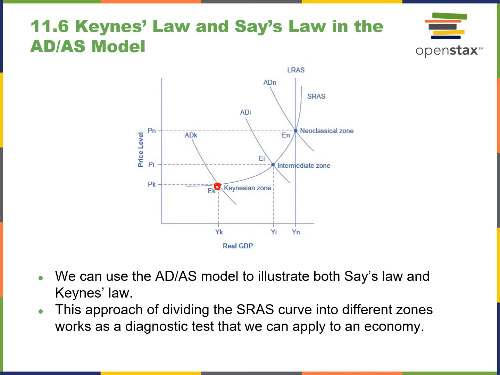The equilibrium EK is the Keynesian zone, and that's where the aggregate demand curve meets the short-run aggregate supply. The intermediate zone, E1, and then the neoclassical zone is where the aggregate demand and the short-run aggregate supply actually meet the potential GDP line, which is the long-run aggregate supply.